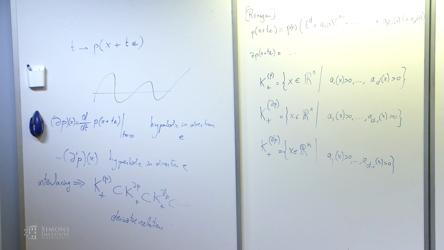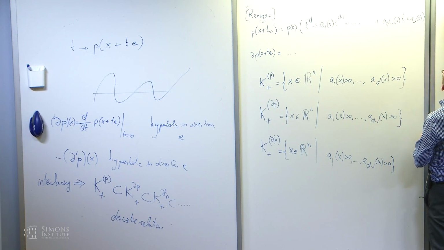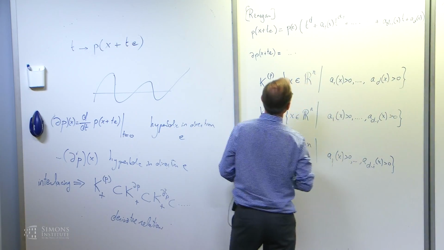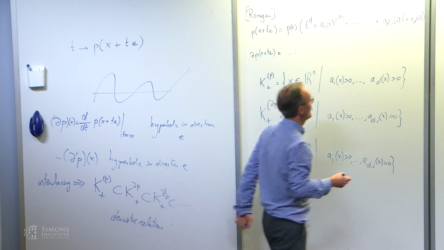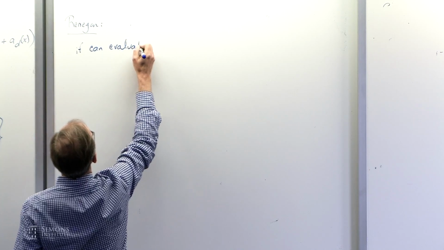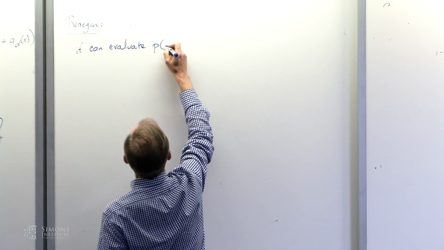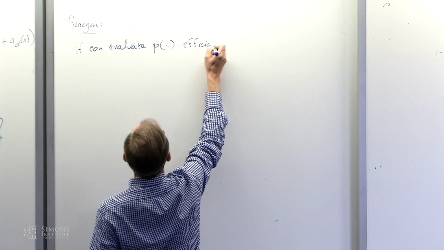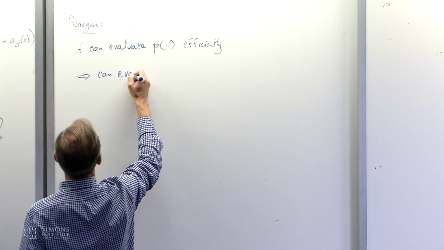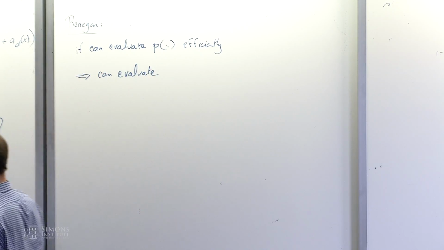Now, one thing that Renegar also observed, which from an optimization point of view is interesting, is that if we can evaluate P efficiently, we can then also evaluate any of these relaxations efficiently.